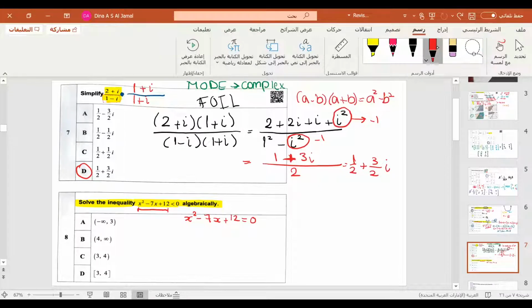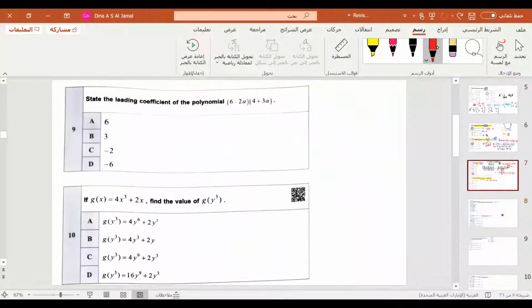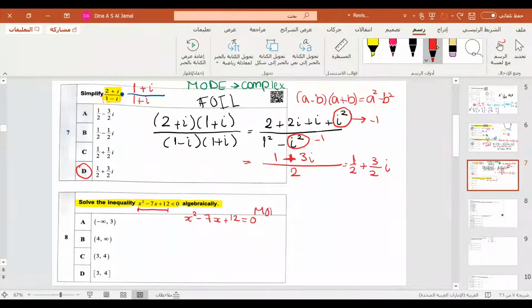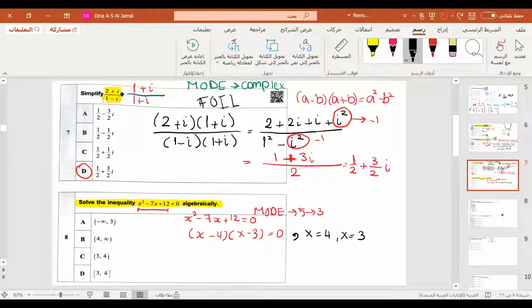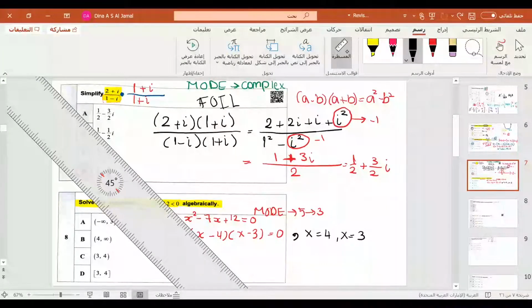Whether you use mod 5-3 in your calculator, and there are different calculators with different ways, or you directly factorize and use the zero product property. If you factorize it, it will be (x minus 4)(x minus 3) equal to 0. Zero product property gives x equals 4, x equals 3. This is only to find the roots.